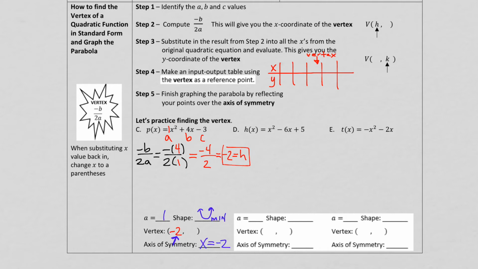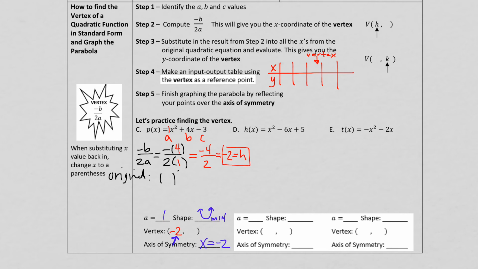But to finish finding the vertex, once you find the h value, step 3 says then to plug in what you just found back into the original quadratic equation. In this case, it's x squared plus 4x minus 3. So I'm going to take the original equation, I'm going to copy it, but I'm going to replace every x with parentheses. So x squared will be as follows.